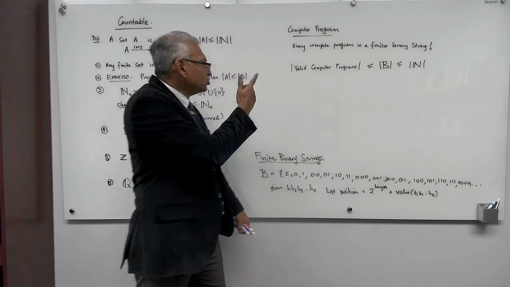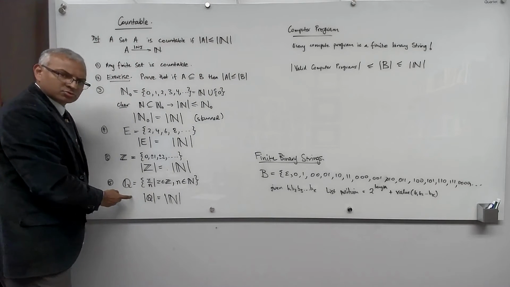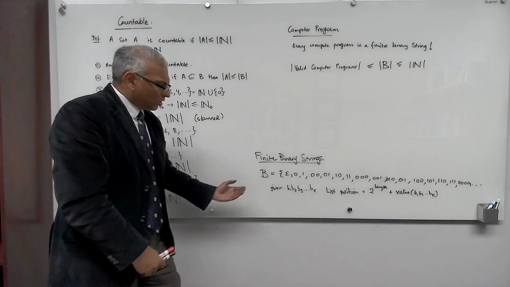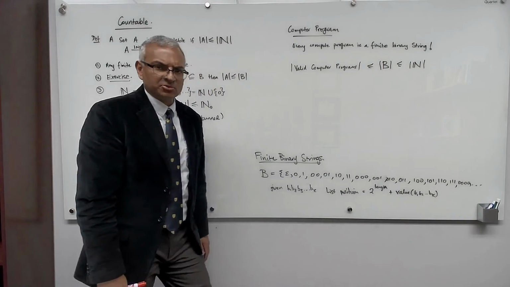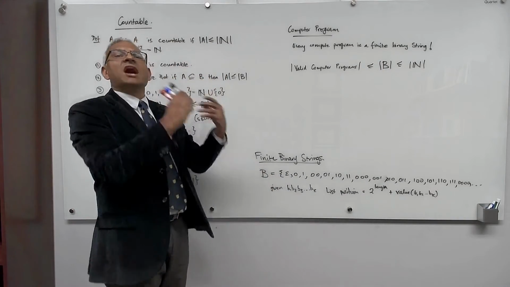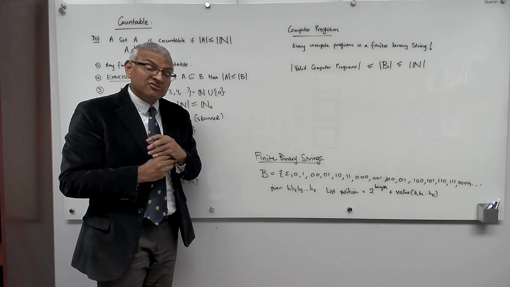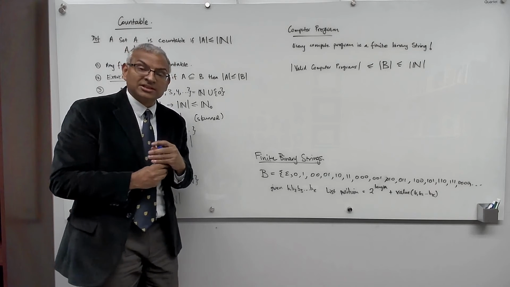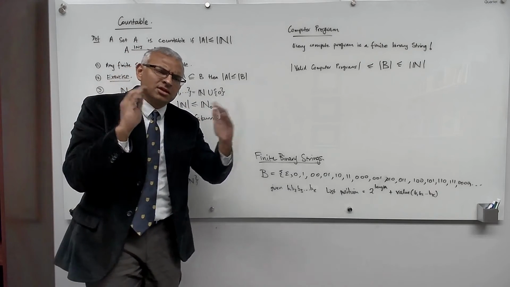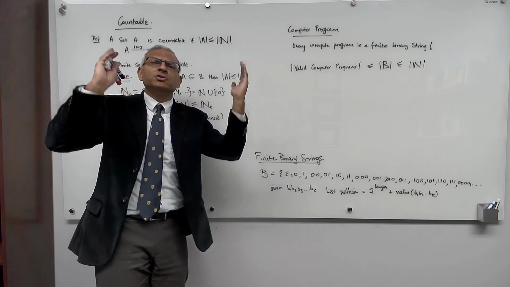He's starting to lose hope, because he thought that the rationals would do it. They didn't. All possible finite binary strings doesn't do it. Is there any set which is larger than the natural numbers? After some time, he finally found one: the real numbers. And he gave a proof that's so beautiful, it's a definite contender for the most beautiful proof ever.